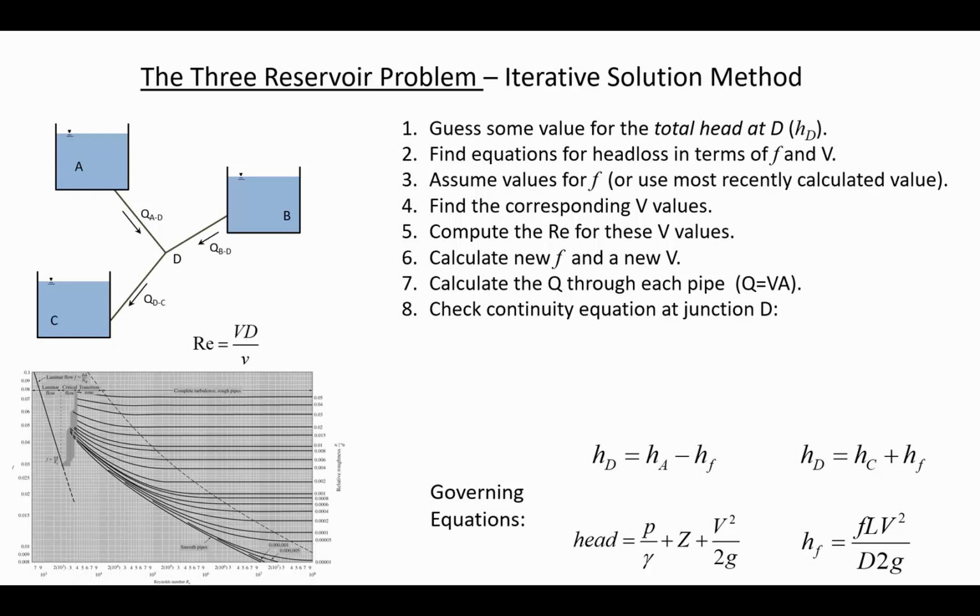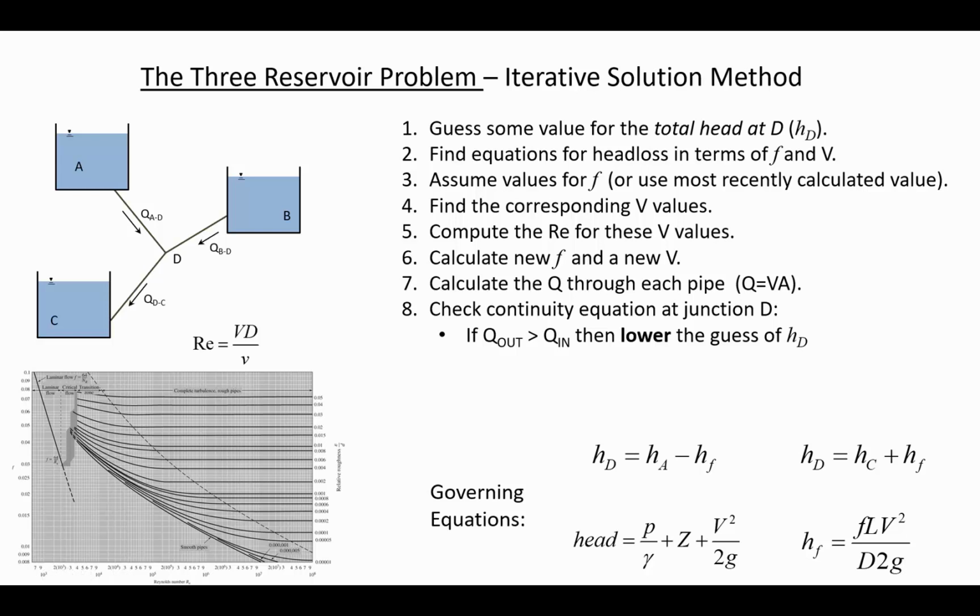It won't at first, but whether there's more flow going in or more flow going out tells us how we should change our initial guess. The criteria is that if the flow out of the junction is larger than the flow in, then your guess of the head at D was too high and you need to lower it. So think about why that would be.